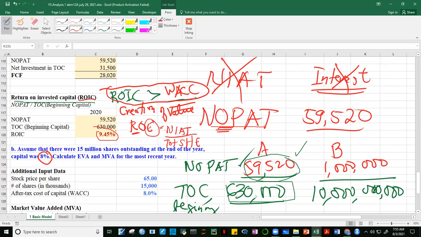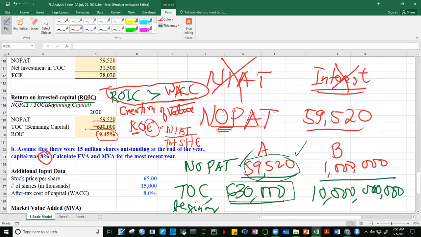Okay, so it's important to measure ROIC. And paano natin ma-measure si ROIC? Kailangan natin itong NOPAT. Tsaka kailangan natin yung TOC beginning. Okay? You might see others use, ang reason kasi ang TOC, this is for the whole period. NOPAT pala is for the whole period, for the whole 2020. TOC, dapat for the whole 2020.